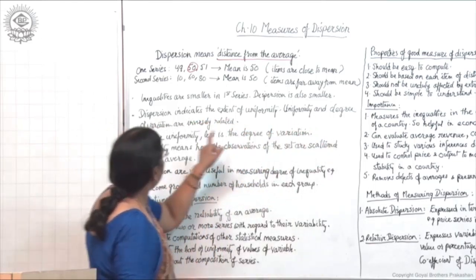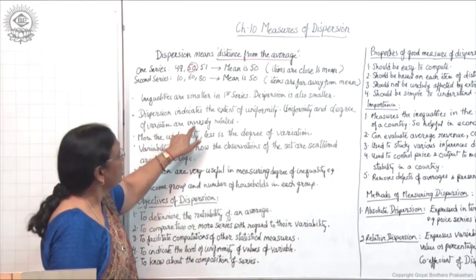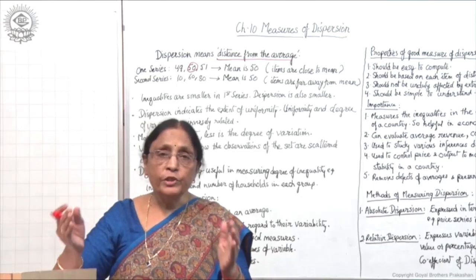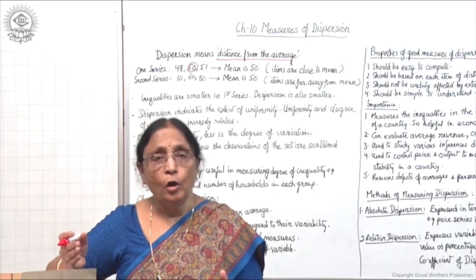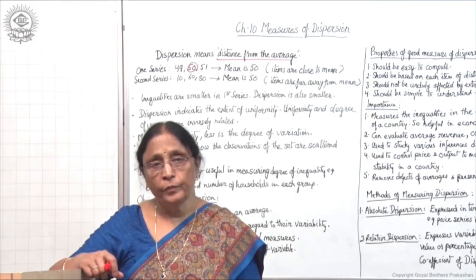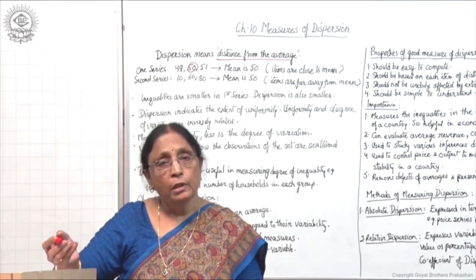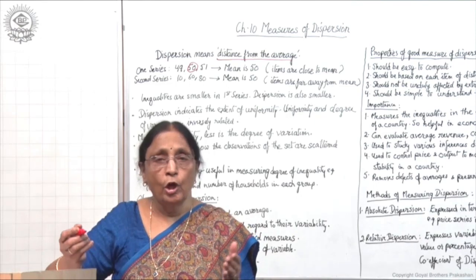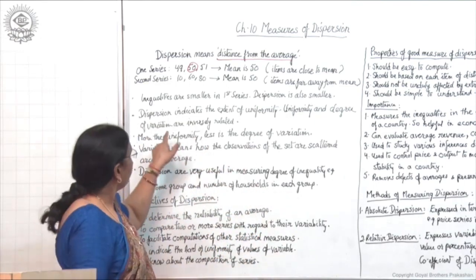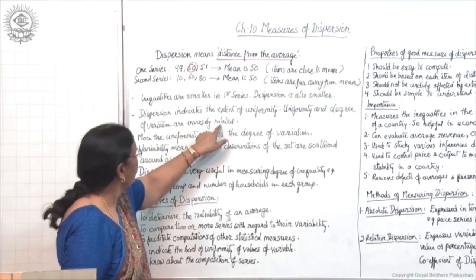Uniformity and degree of variation are inversely related. Degree of variation means how much the data vary, and uniformity means how close they are or how uniform they are, and both uniformity and degree of variation are inversely related.